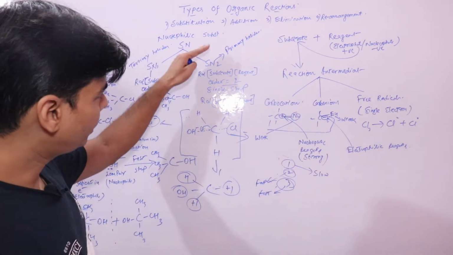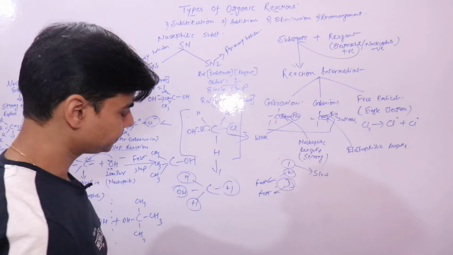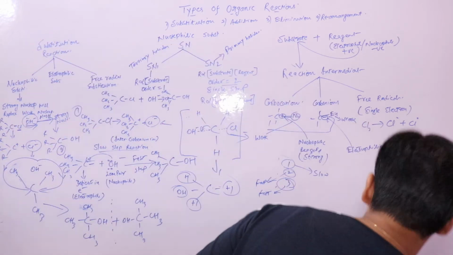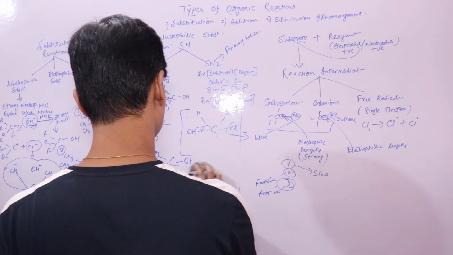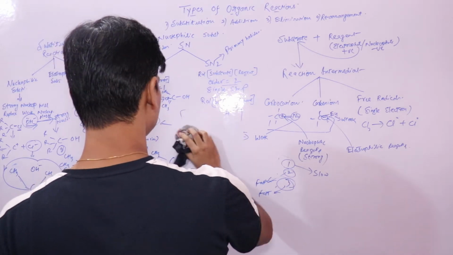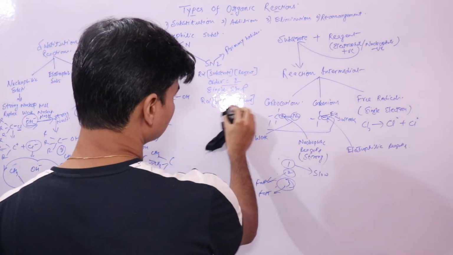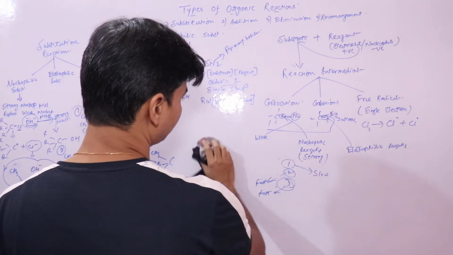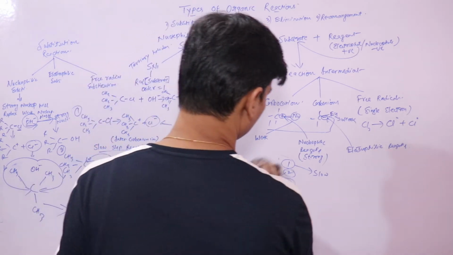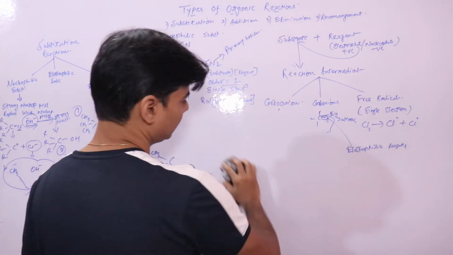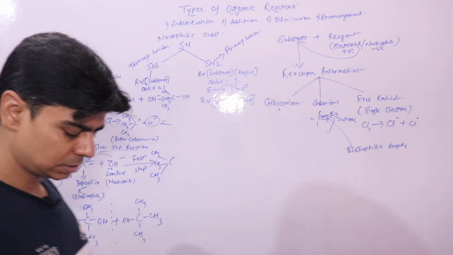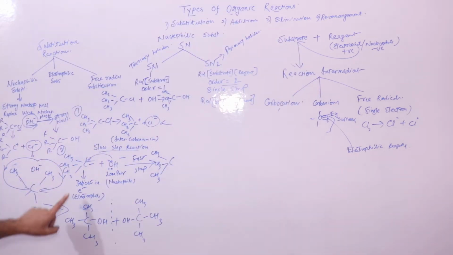Now in this, what will happen is, these reactions will go through a transition state. Like we have studied previously, SN1 reactions go through an intermediate, which is a carbocation.